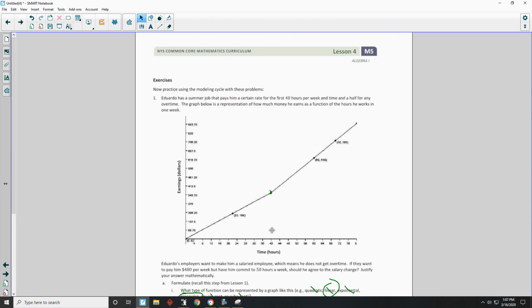So on the upper piece, we're going from 40 to 80. But that's all it's showing on the graph. We could work more than 80 hours a week. I wouldn't want to, but you could. So our domain is going to be greater than 40. So we want to deal with 40 and up in this case. So I will write that.